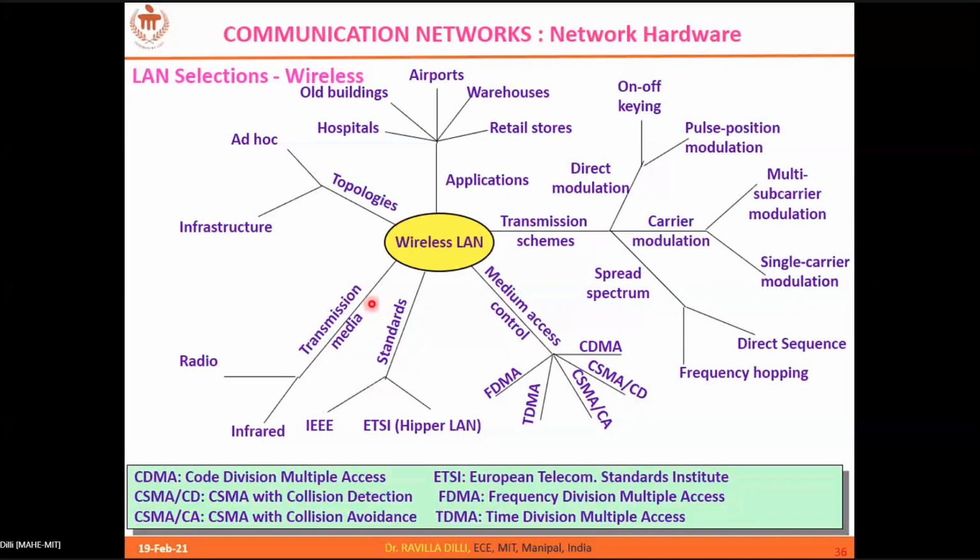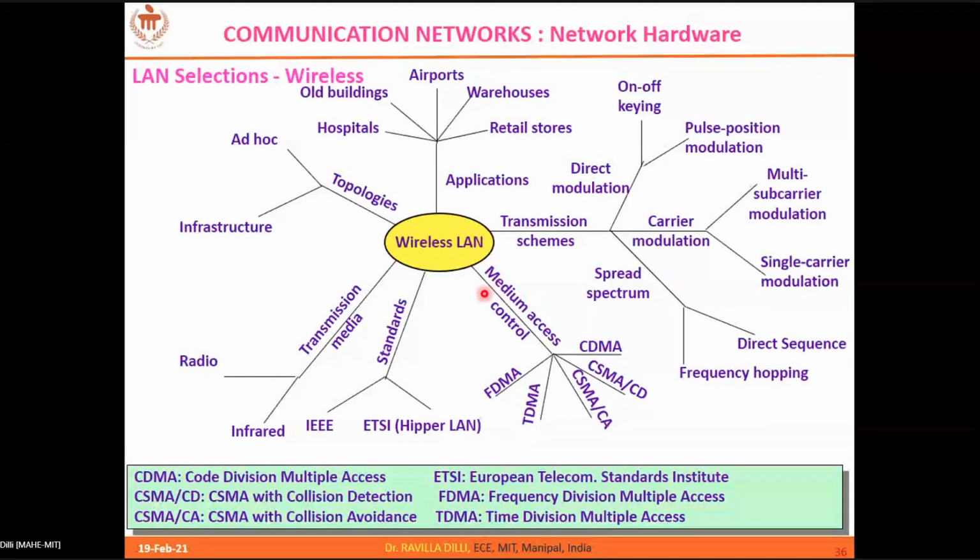Then coming to the transmission medium, it is a wireless medium. So when you are using a wireless medium, you should see what the frequencies are, whether it is RF frequencies or infrared frequencies you are using. That also you should consider. And standards like IEEE standard and ETSI, these are the regulatory bodies.